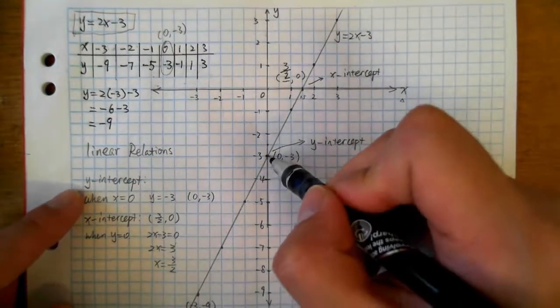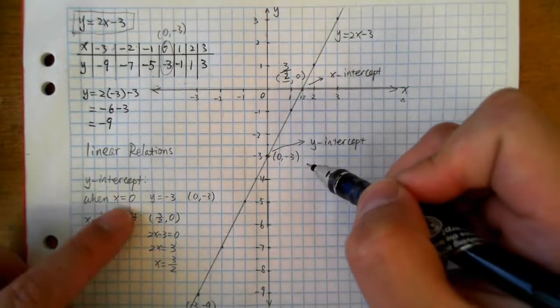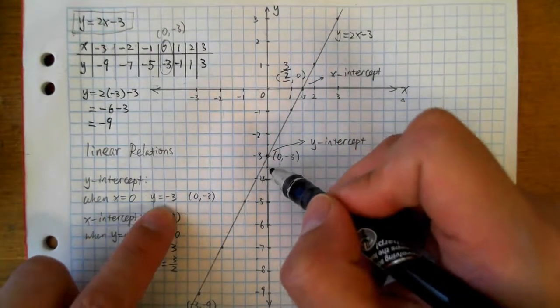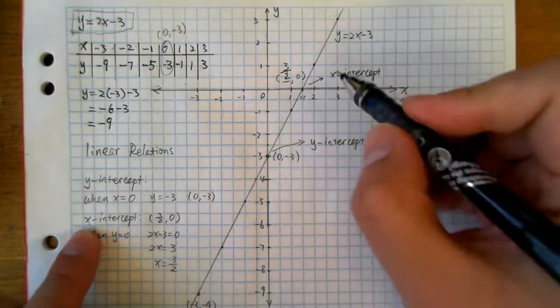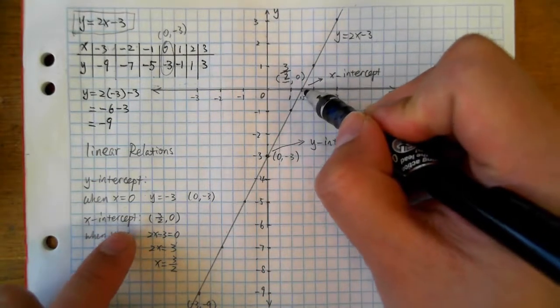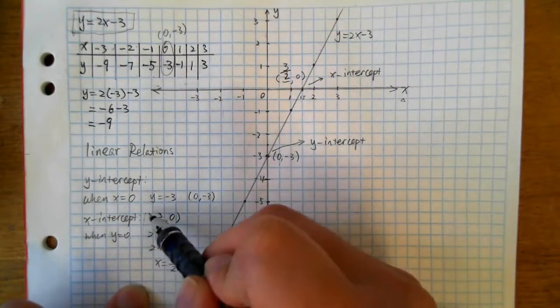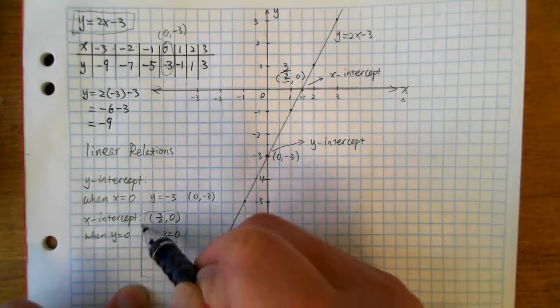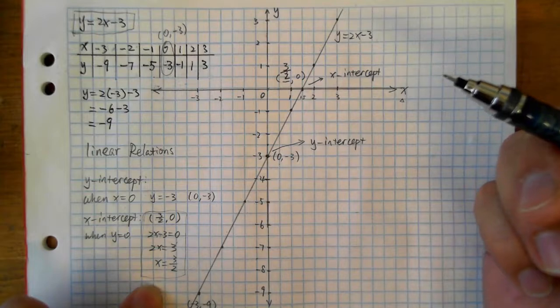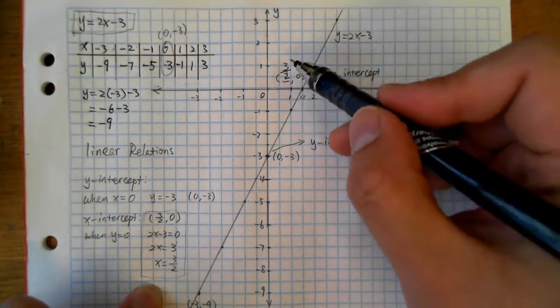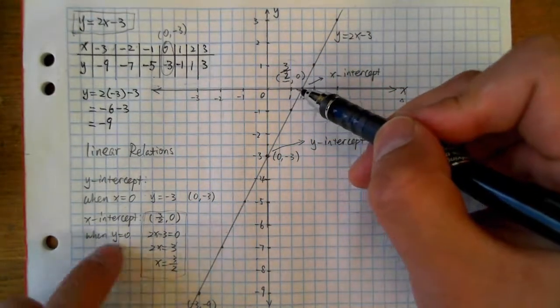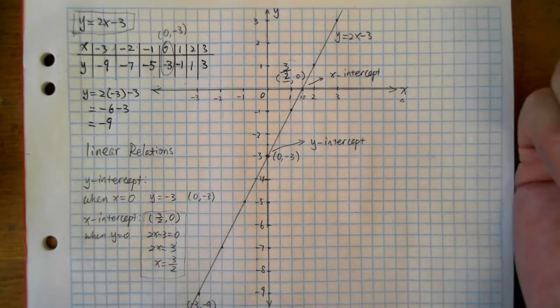For the y-intercept, you have to remember, it means when x equals 0, and then you find the value of y. The x-intercept means when y equals 0, and then you find the value of x. So how can you find the value of x? You just solve the linear equation. And then this is the coordinate of your x-intercept.